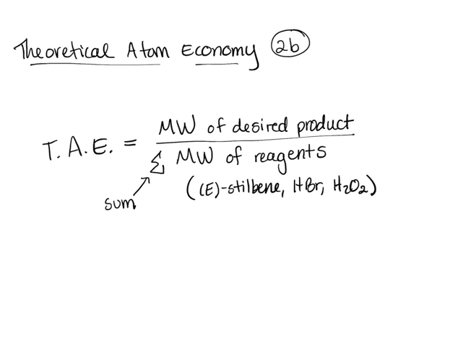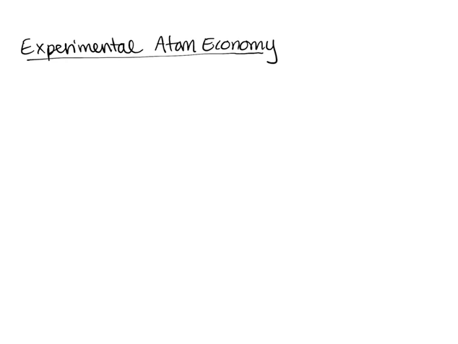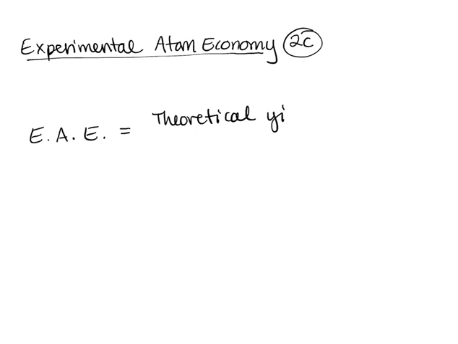So now the next calculation is the experimental atom economy. All right, so this is problem 2C on your lab report. I'm just going to abbreviate this again as EAE. So the experimental atom economy is equal to the theoretical yield in grams, which you already calculated for the percent yield. So you just plug that in.